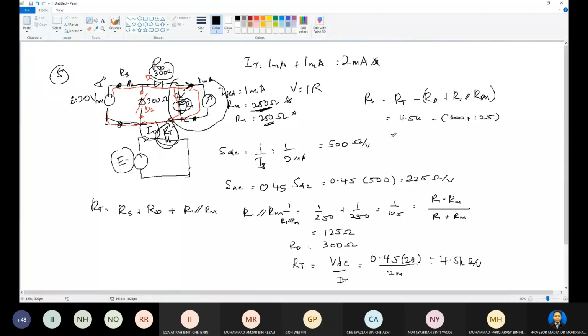So the answer will be 4075 ohms. Okay, so that is the answer for RS. The answer will be the same, so you can check the answer. The RS resistor will be 4075 ohms. That is how to calculate the RS.